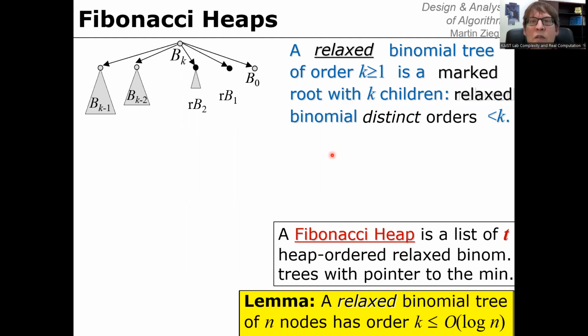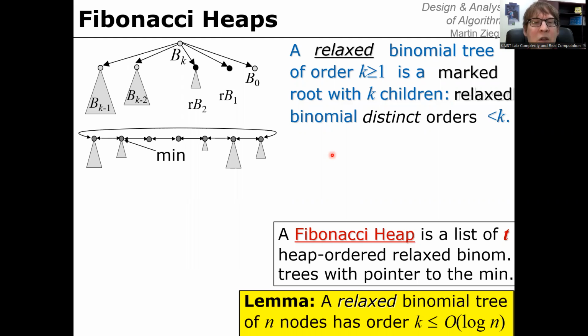So here it's not left, right. Here it's up, down. The values on top must be smaller than the values on the bottom. So that means if we have a list of heap-ordered such trees, then the minimum node is contained in some root, and which root, that's where we maintain a pointer to that root with the least entry.